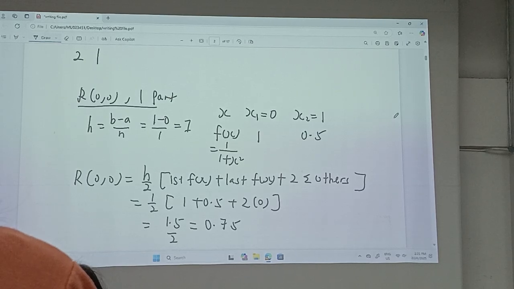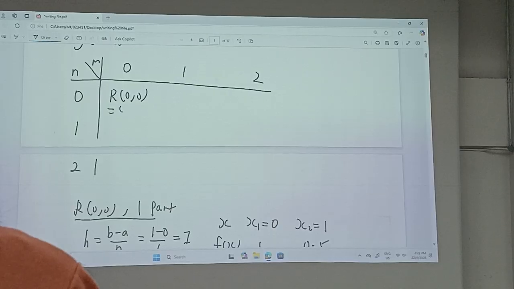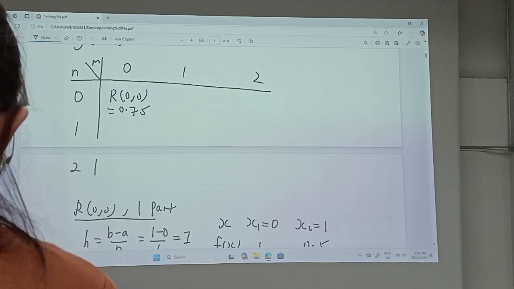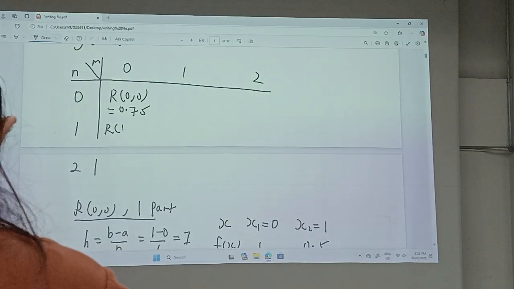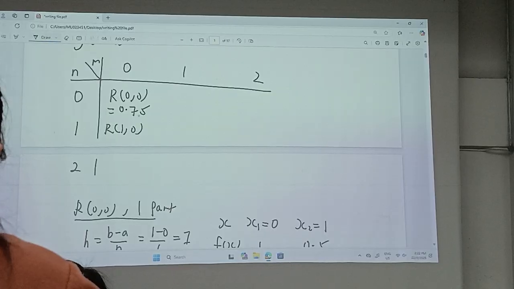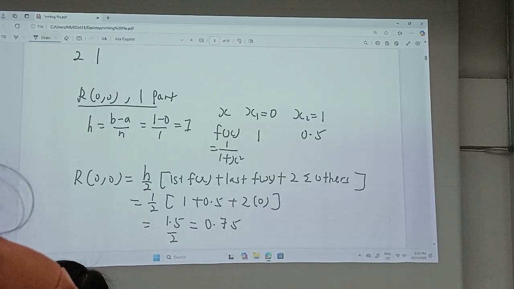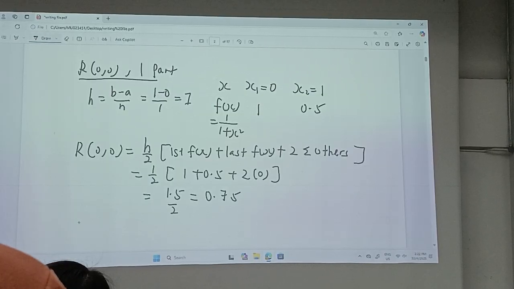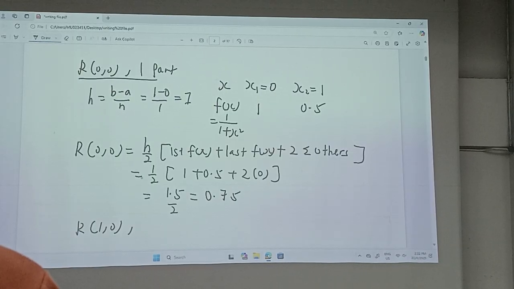Okay, so after that we fill the table. R00 equal to 0.75. So after that we want to find R10. How to get R10, right? So R10 divide into how many parts?